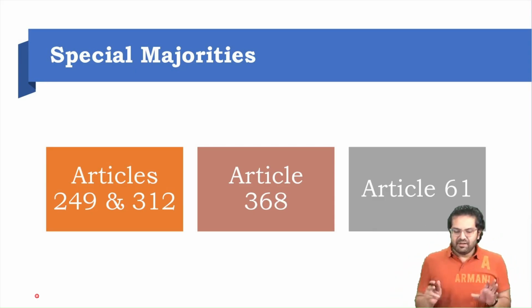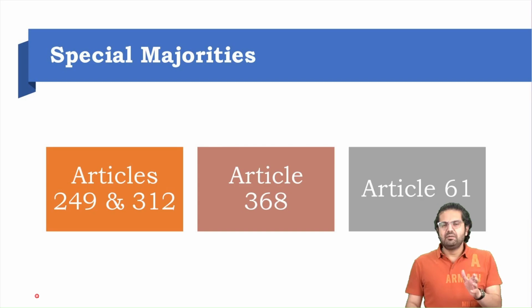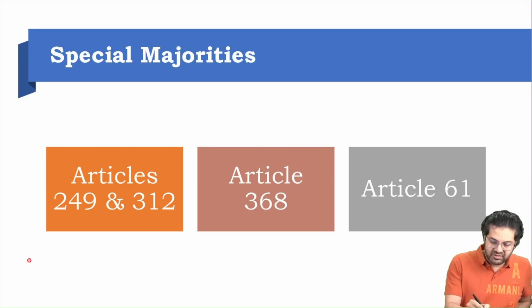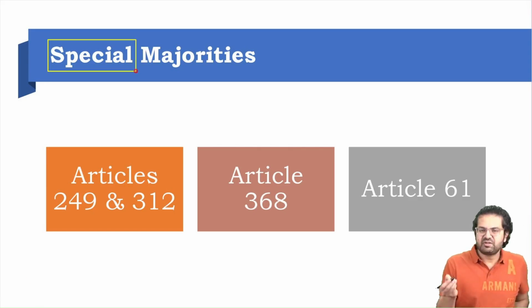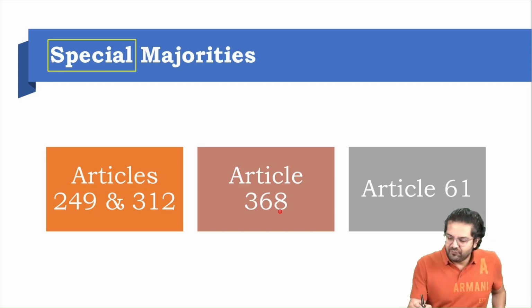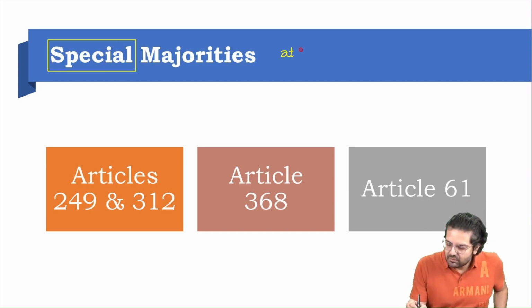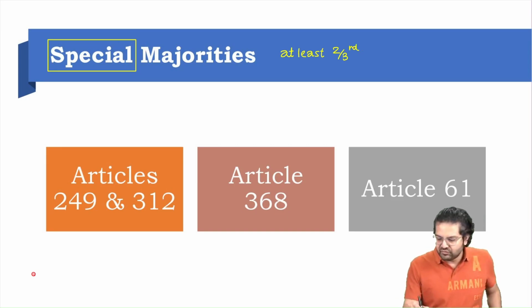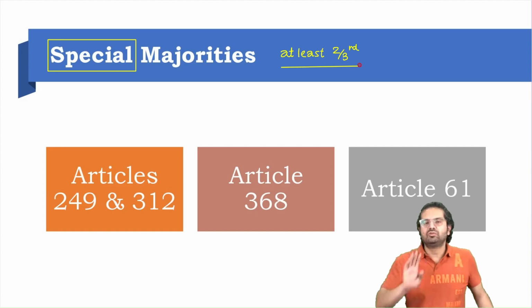Now, when it comes to majority, it is more than 50%. But that is why we are using a word here, special majority. So what is so special here? Here we don't focus on 50%. We focus on at least two-third.